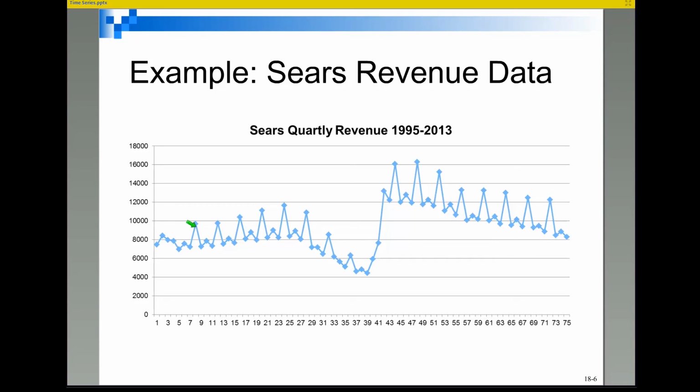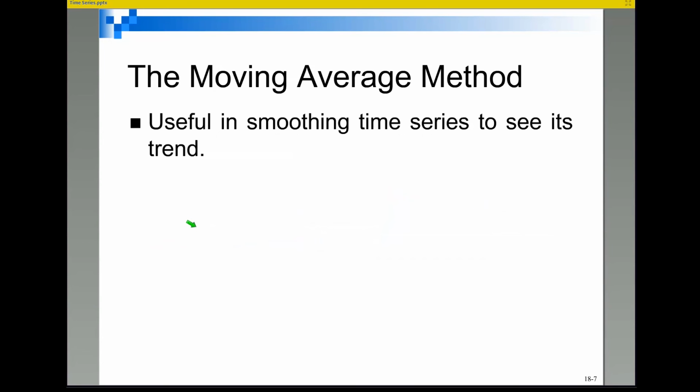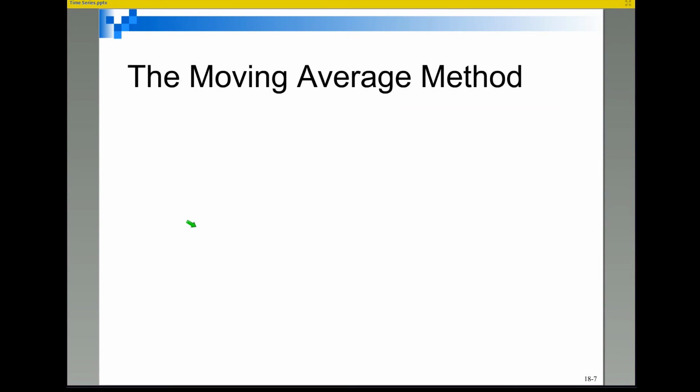Sometimes we actually would like to get rid of the seasonality if our focus is not on the seasonality. So next, I want to introduce a technique to get rid of this up and down over the same year, and then just allow us to explore the overall trend. And this is called the moving average method.